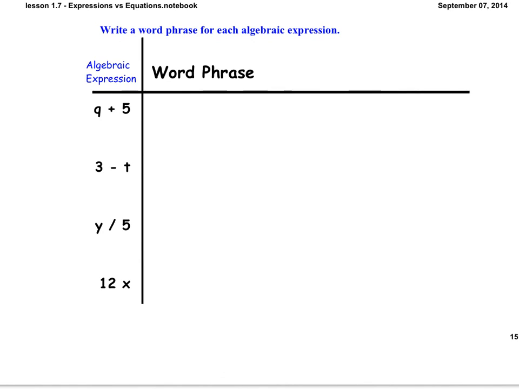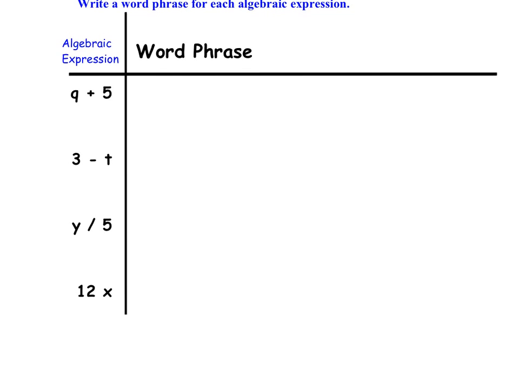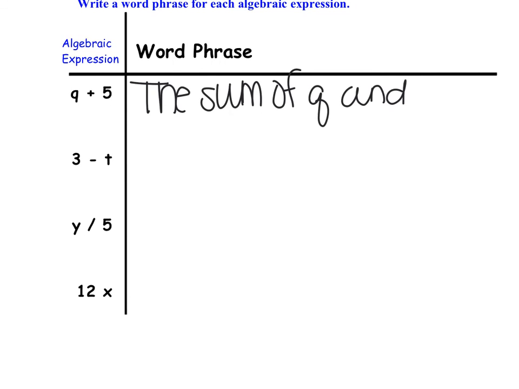I would like to see you write a more thoughtful sentence. If you can, try your best. So for the first one, zoom in just a little bit more. I'm going to write the sum of q and 5.